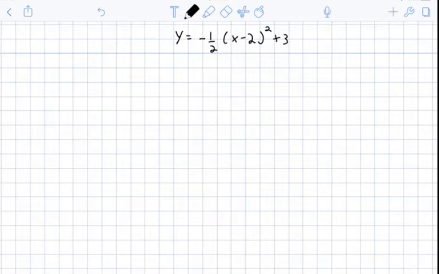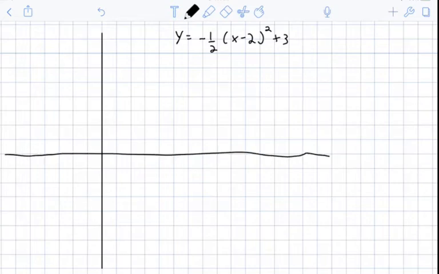What does this graph look like? All right, let's talk about the inverse of this.